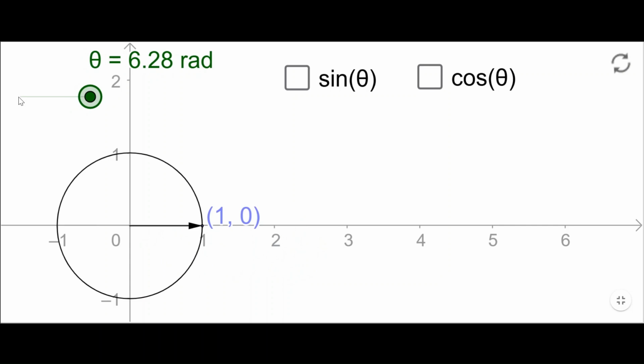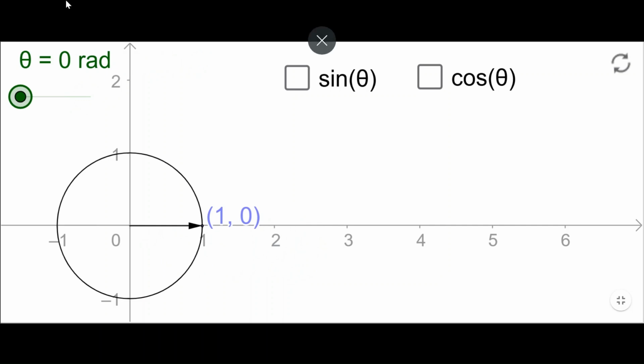Okay, so what does that look like if we take the 0 to 2 pi rotation as an x value along the x-axis, and we take the y coordinates of the point on the unit circle as the actual y value? So for a 0 angle, 0 radians, and a 0 y coordinate, that would correspond to 0 for x and 0 for y.